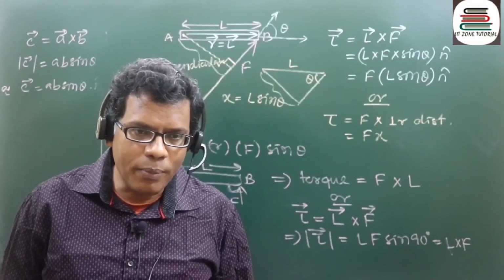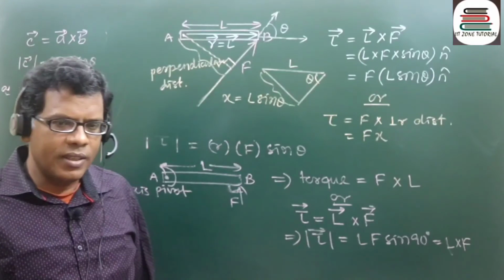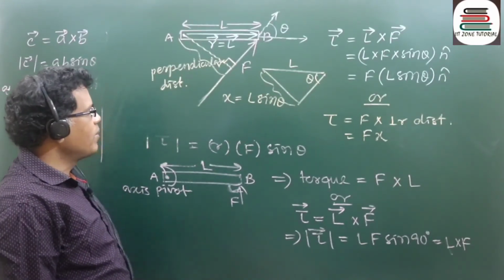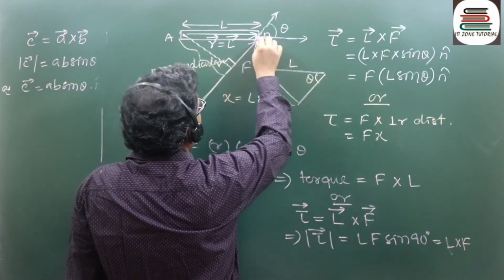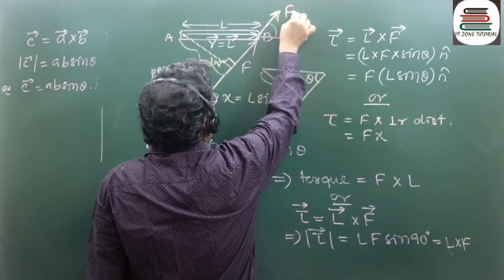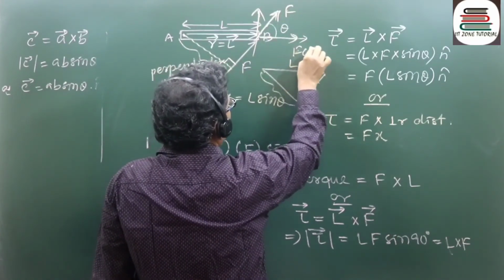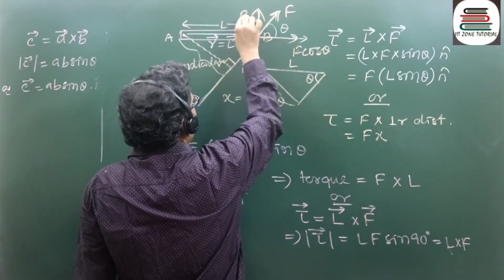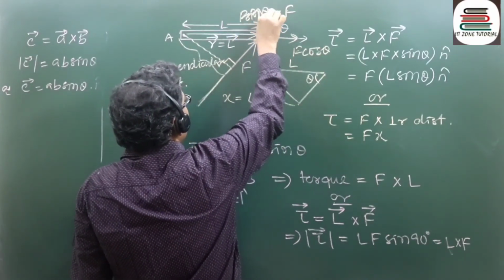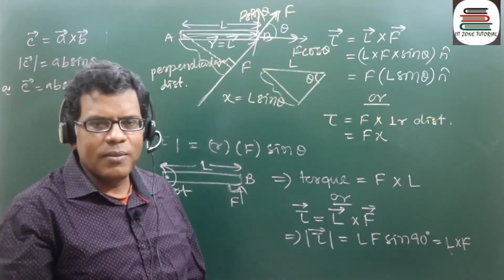We can do that same thing. I mean, instead of taking this perpendicular distance, if suppose this is the force and we resolve the force into two components, then this will be F cos theta, that is along the rod, so that can't rotate it, and F sin theta will appear perpendicular to the length, so that can bring the torque.